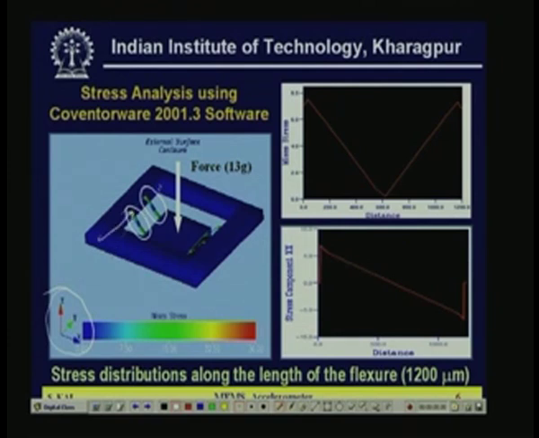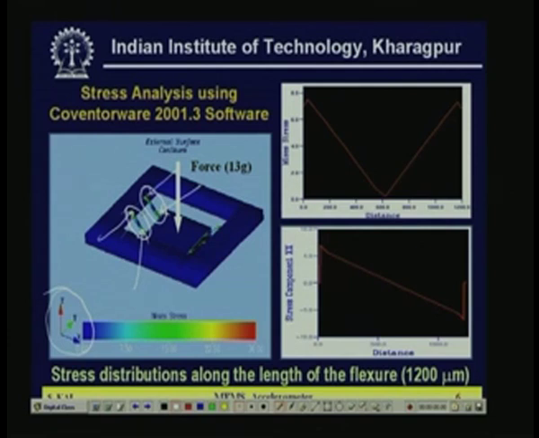We have maximum stress here, also this point is a maximum, here this point is a maximum, here also this point is a maximum. In the middle the color is the same as the frame color, blue, so that is zero stress. That means at the middle point there is no stress at all.